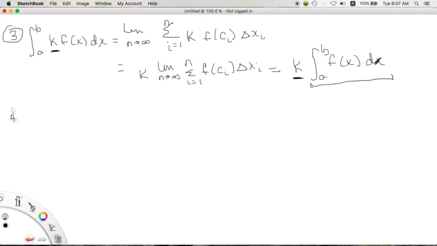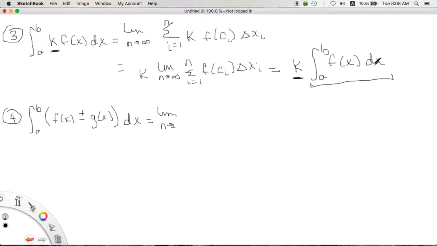Now, what about if we have a sum or difference? If we have two functions and they are integrable over this interval from a to b, and we want to take the integral of their sum or their difference, we're just going to do this all in one because it's the same type of thing.